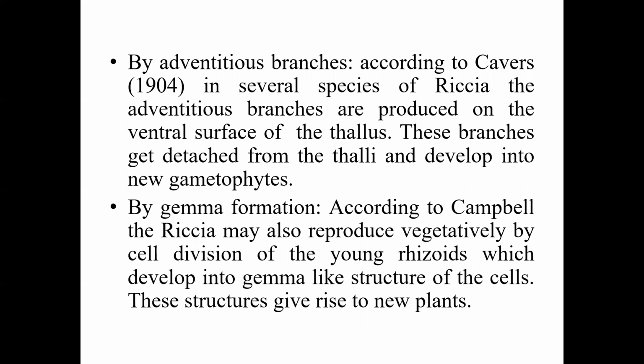Third one, by adventitious branches. According to Carver, in several species of Riccia, adventitious branches are produced on the ventral surface of the thallus. These branches get detached from the thallus and develop into a new gametophyte. Fourth one, by gemma formation.